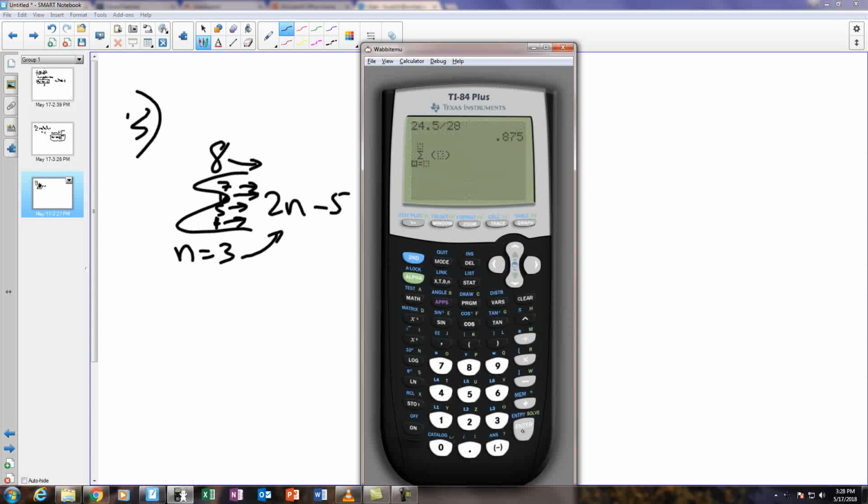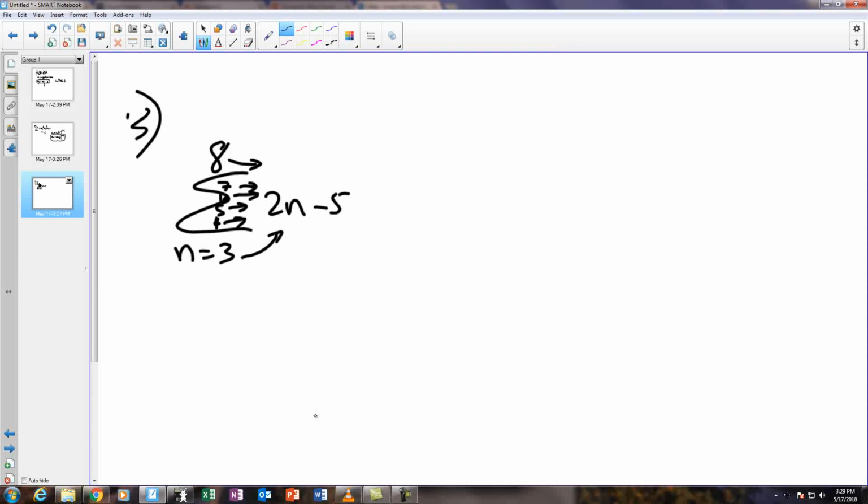If I press enter, now I can put in x. I know the equation says n, but you can use x interchangeably with it. X equals 3, I arrow up to get 8. And then these parentheses that are there are not mine to use, so I have to live within those. 2x minus 5, I press enter, I get 36. So this whole thing would equal 36.